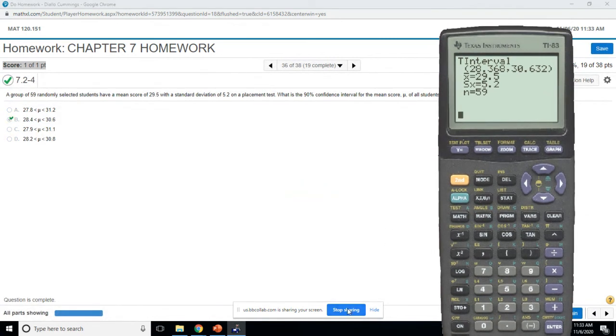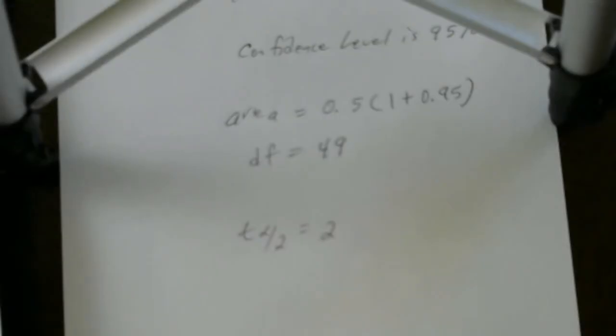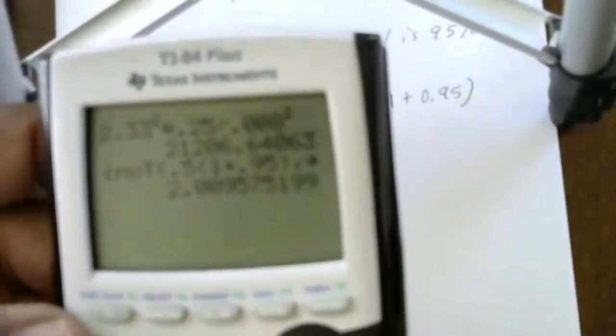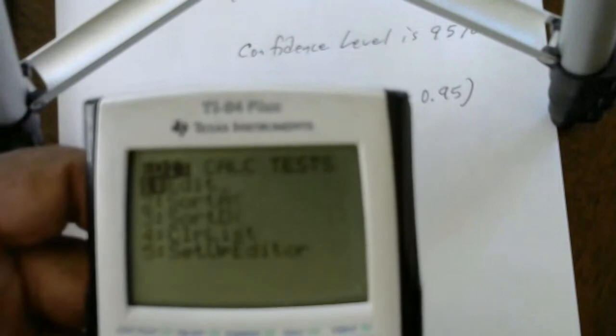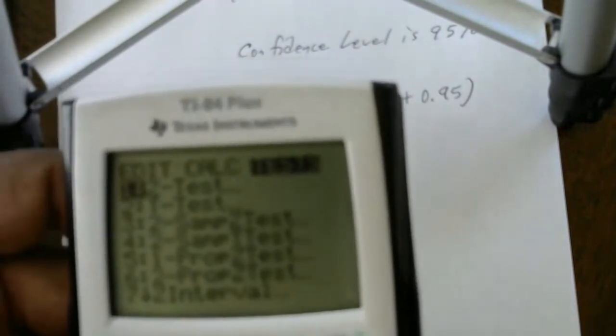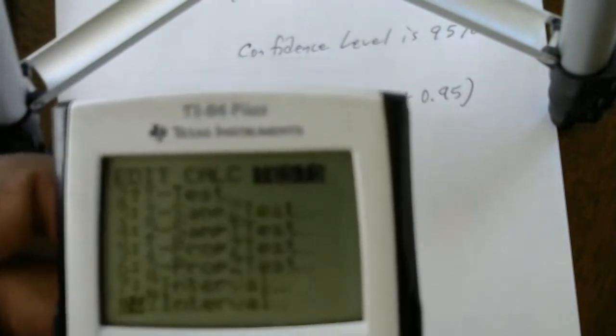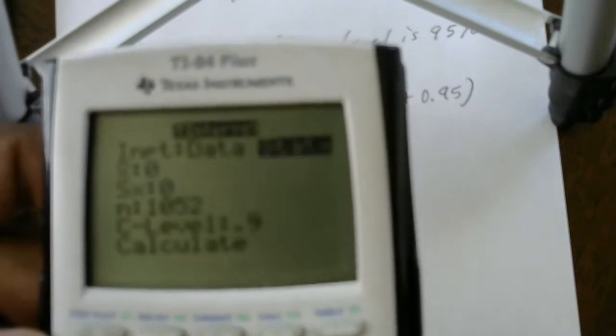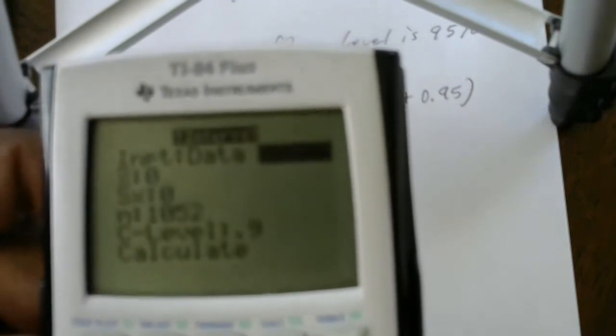Okay, now showing this example using the TI-84, I'm going to go back to our document camera. I'm going to go into Stat, scroll over to Test, and find TInterval. Same thing, we want Stats.